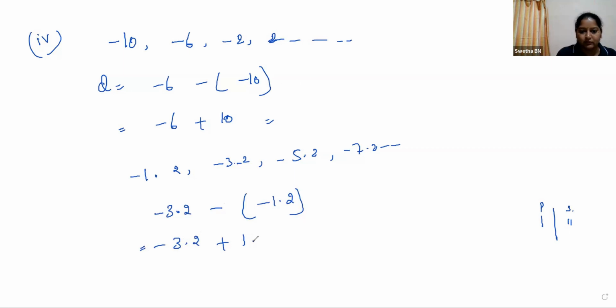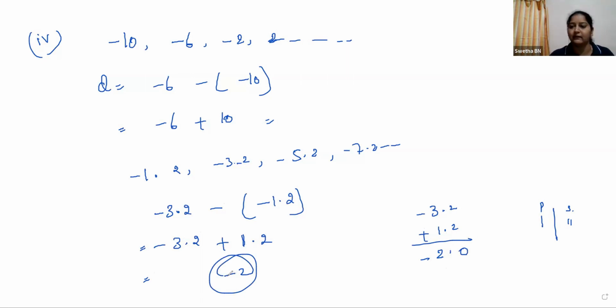You know all these rules, right? Yes, ma'am, I know. Good. Minus 3.2 plus 1.2. See, one is negative, one is positive, so you have to subtract. So 3 minus 1 is 2. The bigger number has the minus sign, so it is minus. Minus 2 is the answer. Got it? Yes, ma'am. Good.